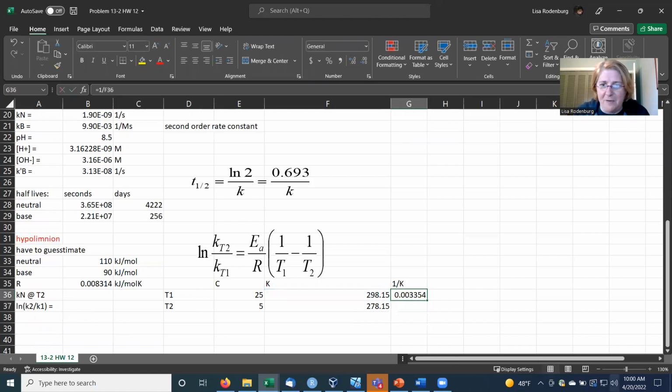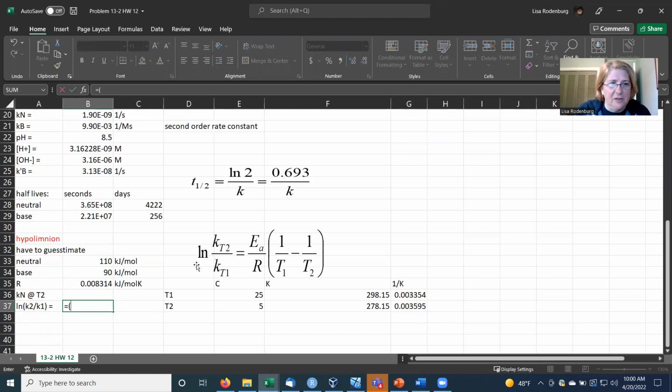Just makes my formulas a little bit easier when I get around to doing them. Okay, so here's my natural log of K2 over K1, and that's going to be equal to the activation energy. We're doing the neutral here, so that's that, divided by R, which is there, times 1 over T1 minus 1 over T2.